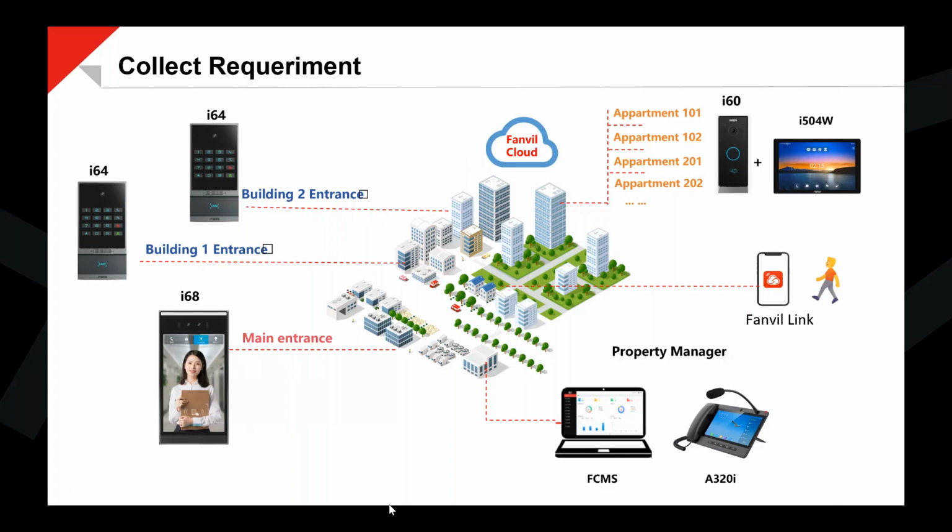Also, the property manager can broadcast a notification to the application telling them that there is a power outage tomorrow or something. If you want to broadcast any message, it can be done from the property manager account.